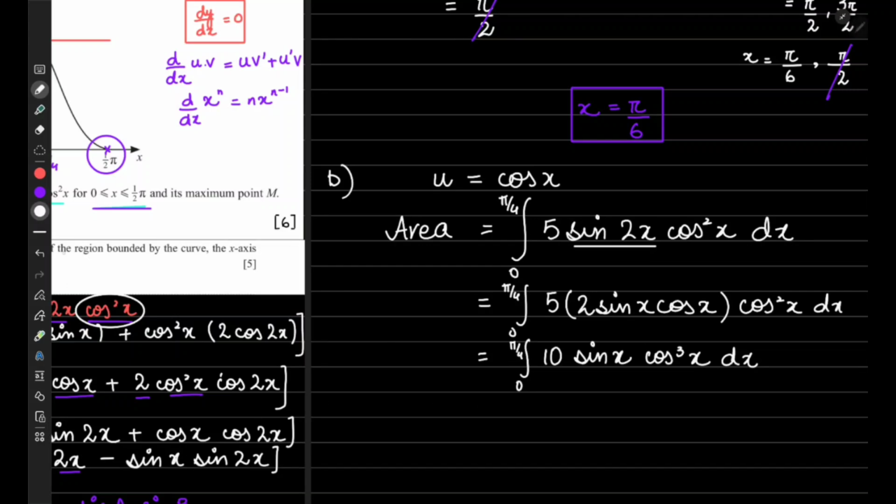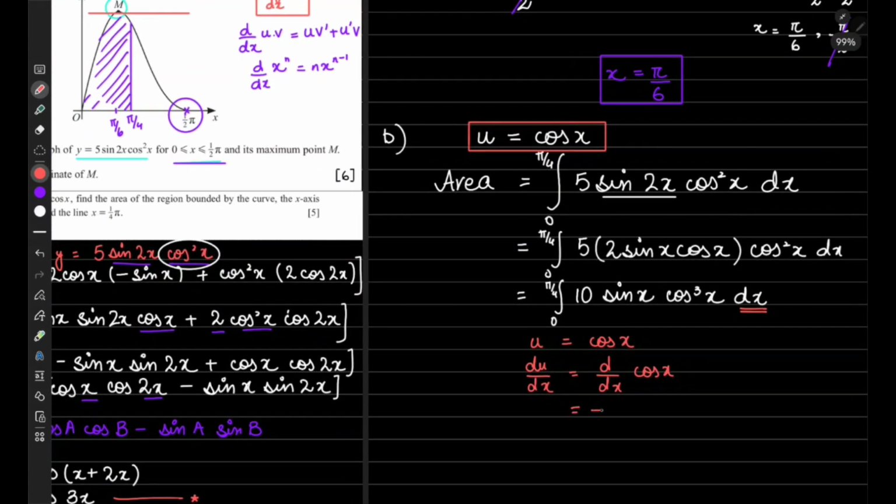Now we have to use the substitution that u equals cos x. When we use that, we also have to substitute this dx. So u equals cos x, then if you differentiate, du with respect to x, we have to differentiate the right hand side also with respect to x.